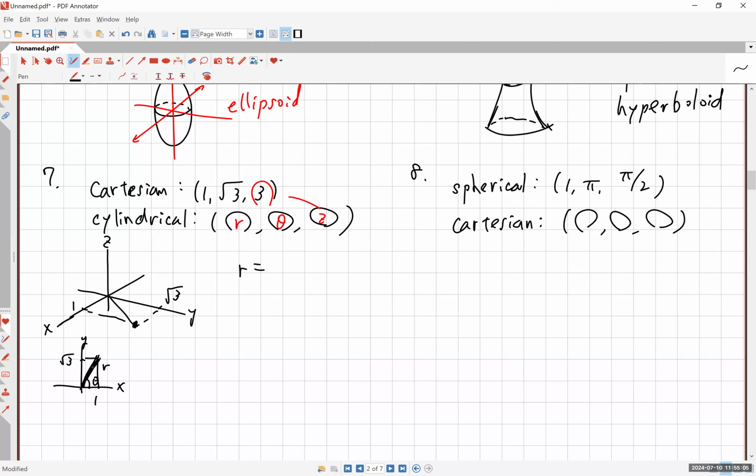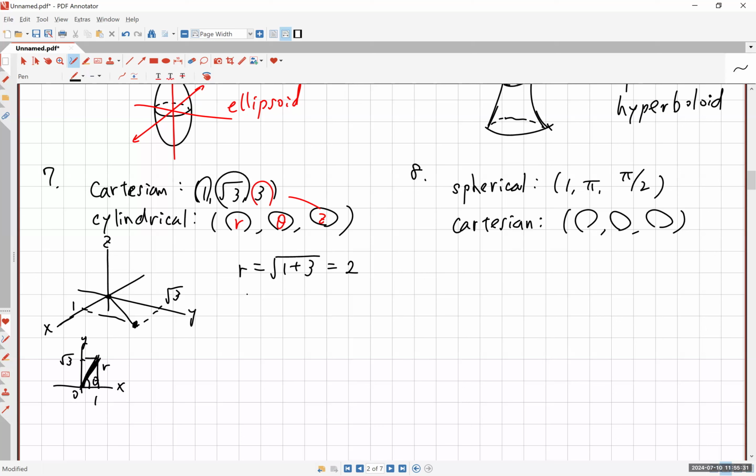That's a polar length from the origin to this point. All right, so this is going to be the square root of 1 plus 3. That's this square plus that square, right? And that's, of course, square root of 4 or 2. The length of this line segment from (0, 0) to (1, square root of 3) is obviously equal to 2. That's one of the standard triangles. One of the first things you learned in trigonometry, right?